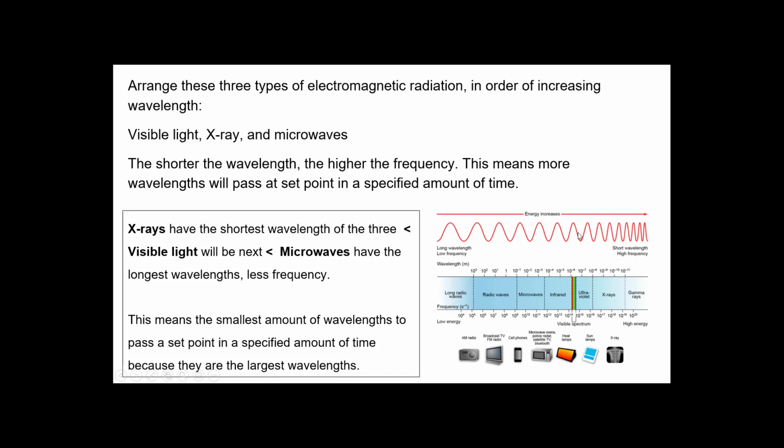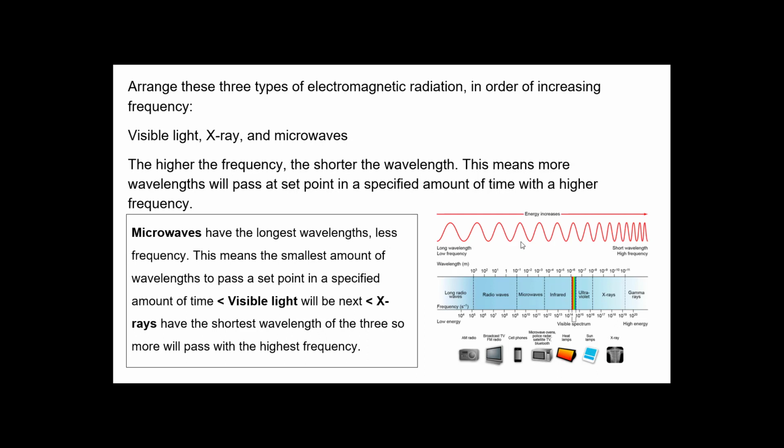Visible will be the next one, because we're actually going in order of this. So X-rays, then visible, then microwaves, because microwaves have the biggest wavelength, the lowest of the energy of these three, the less frequent. So this means smallest amount of wavelengths to pass a set point in a specific amount of time, because they are larger wavelengths. So the larger the wavelengths are going to take longer to pass through than something small.